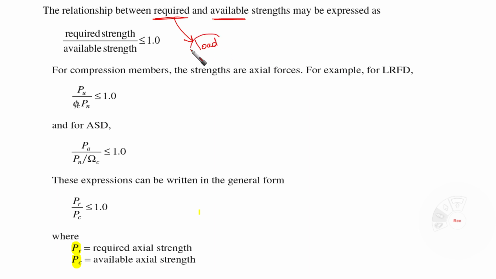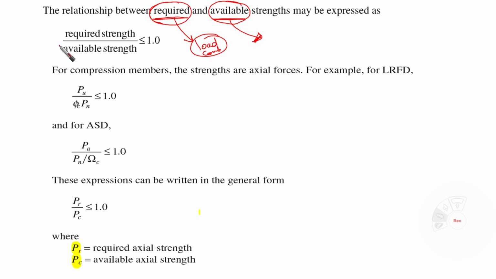And the available is how much strength is going to be provided by the element itself, whether in compression, axial forces, or in flexure. So this is like actions, and this we can call the resistance.